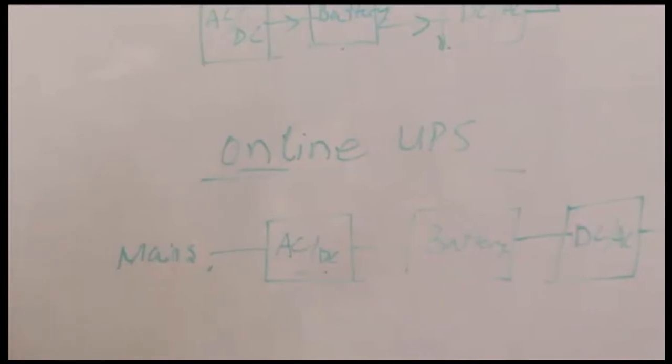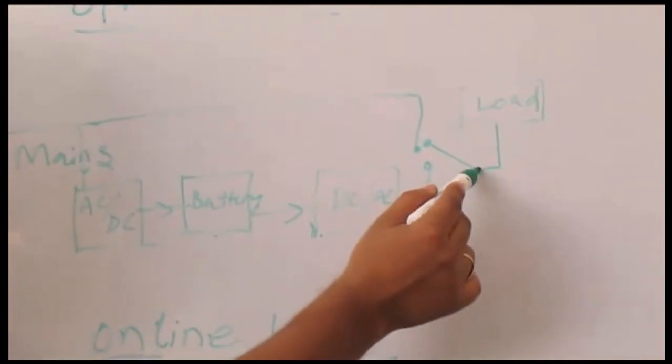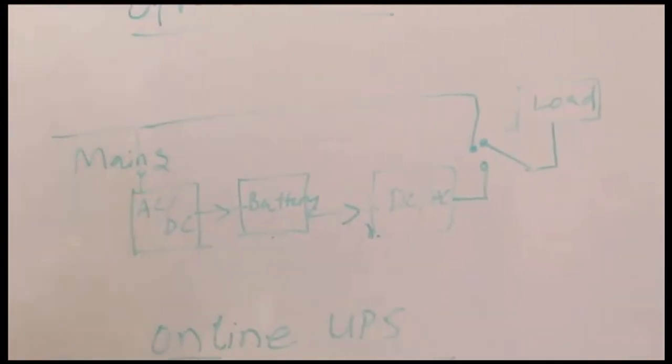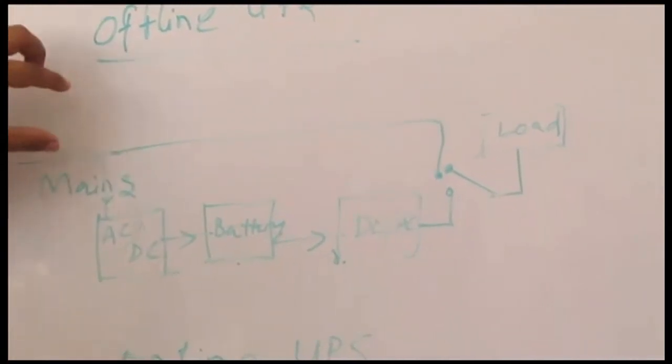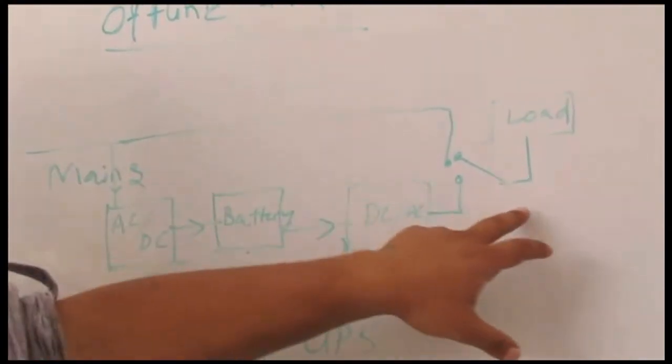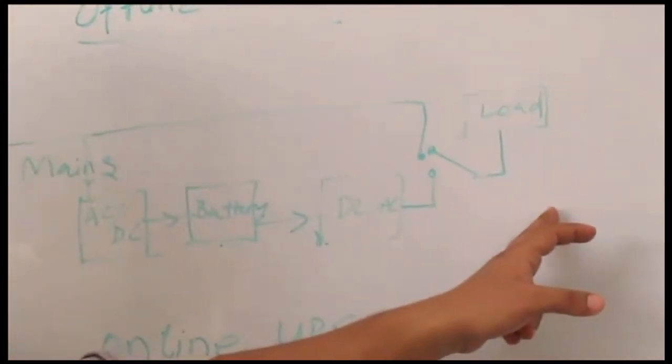One more difference is that here we will get fluctuation in this voltage, which is a reflection of the mains fluctuation. That is, if mains voltage is 230, then here it is 230 volt, and if it is 250, the load will also get 250 volt.